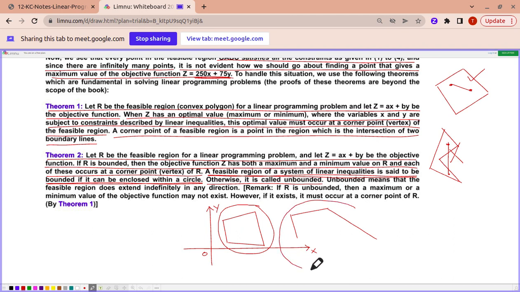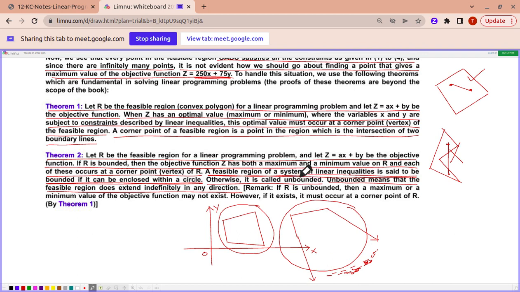If you construct a circle something like this, then this region is also within this one, because this line can be extended further. So this portion is actually outside this circle. That is why it is mentioned here: unbounded means that the feasible region does extend indefinitely in any direction. So in this case it is actually being extended in this direction. So that is unbounded.